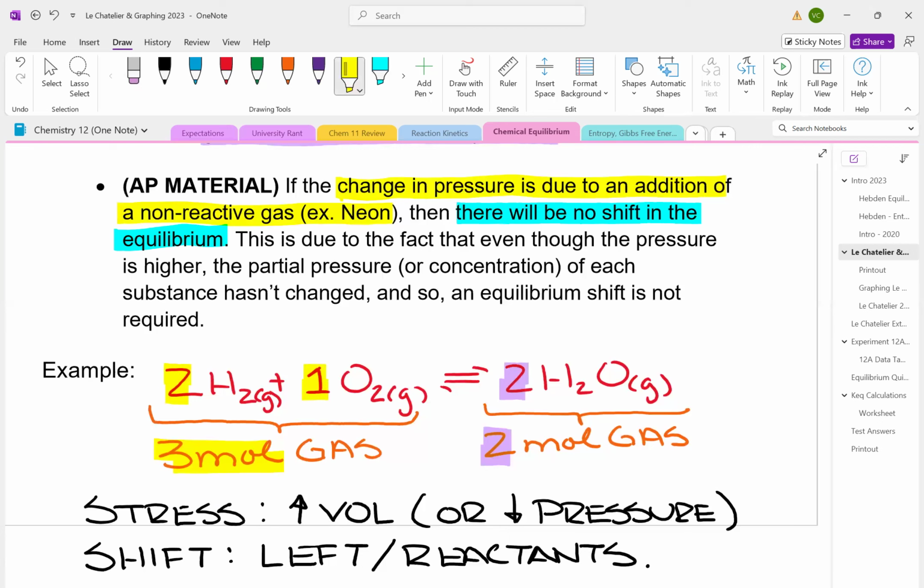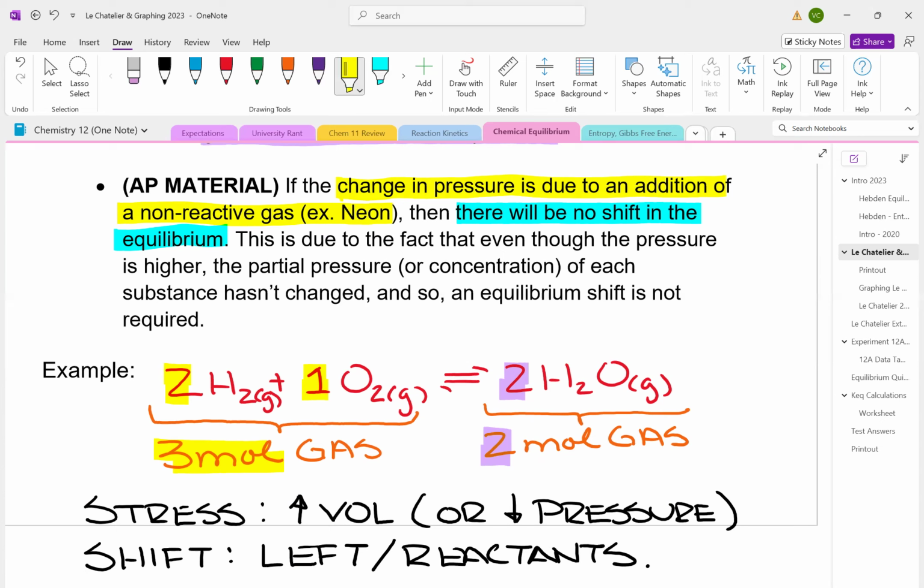So in this particular scenario, with the equilibrium that I gave you from the last lesson, notice the reaction is hydrogen and oxygen gives you water molecules. If we were to add something like a neon gas or an argon gas, nothing that affects this particular reaction, yes, the pressure has increased because you've added another substance.